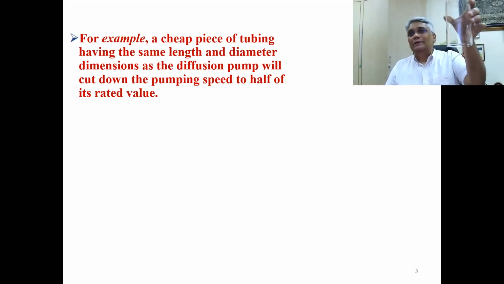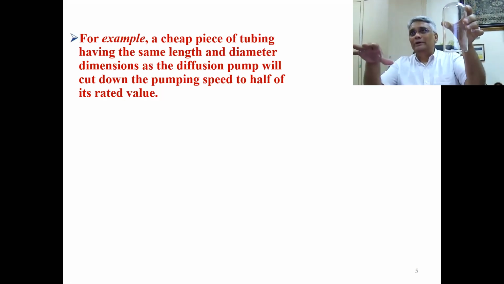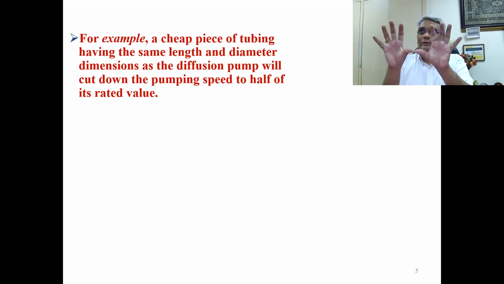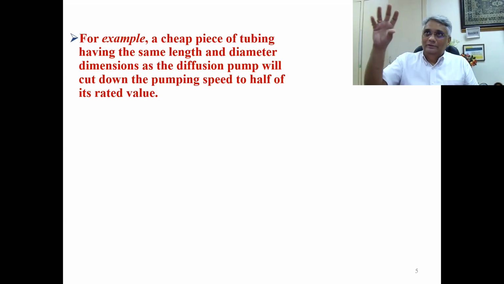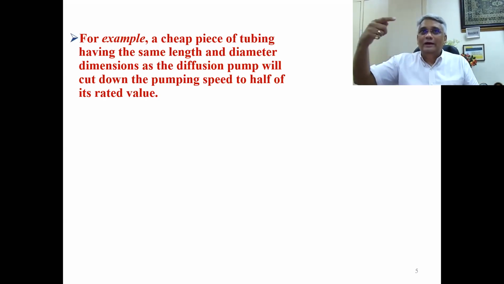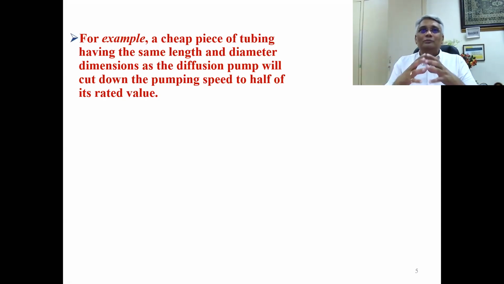So I have this chamber, I have the pump there, and ideally each pump has a specified pumping speed, right? Depending on the rotations of the rotor inside the pump. There is a rotor inside each pump, and the number of rotations determines what vacuum a pump can give. That's what is meant by pumping speed.